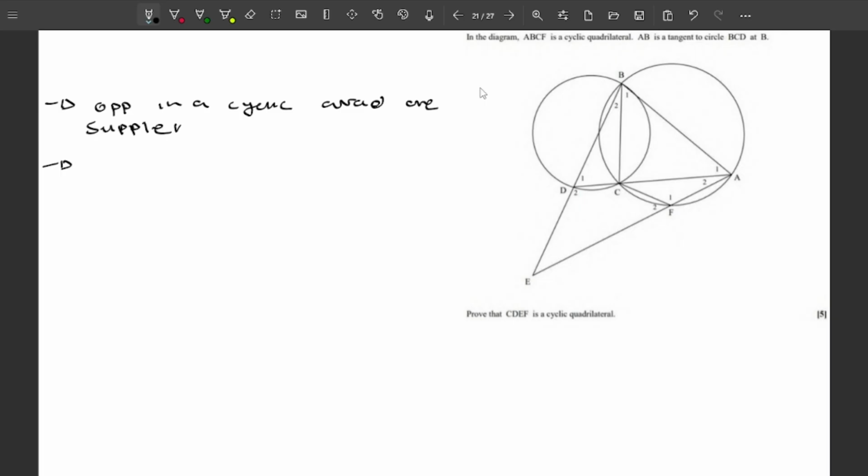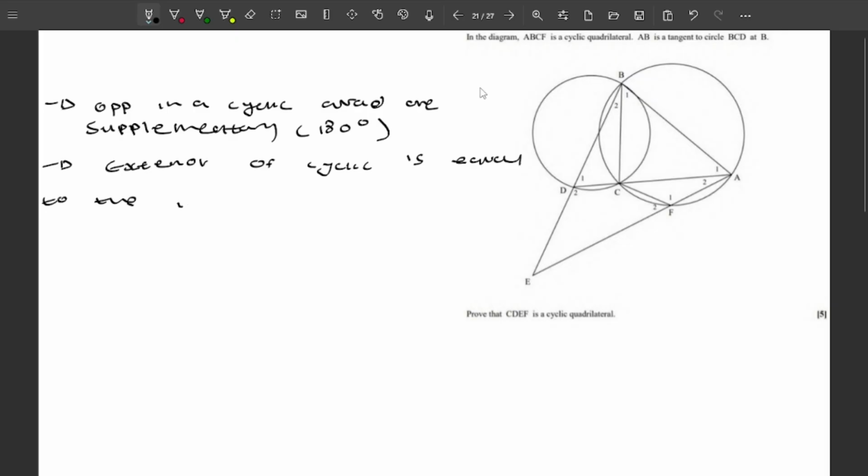Supplementary, meaning that the opposite angles inside of a cyclic quad add up to 180 degrees, and the exterior angle of a cyclic quad is equal to the interior opposite angle.